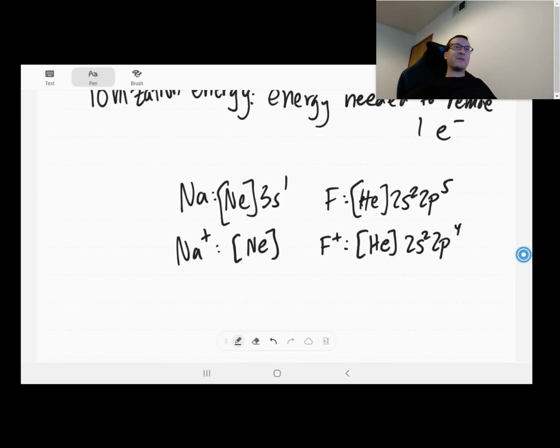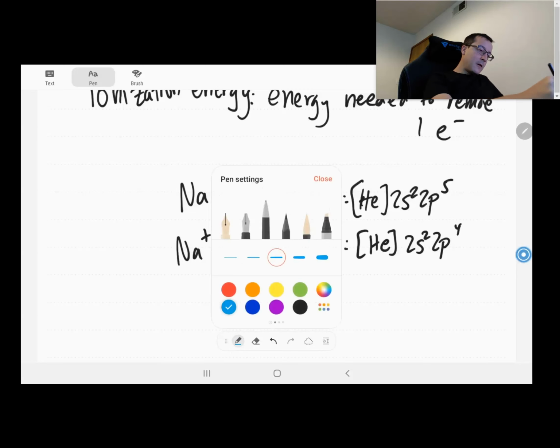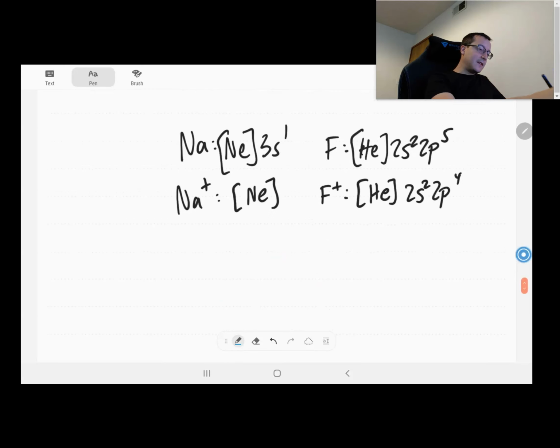So if we think about this, which one is it going to be easier to do? Is it going to be easier to take the electron from sodium or from fluorine? So, we're going to see that this is lower ionization energy.